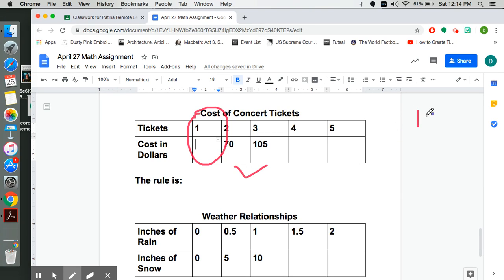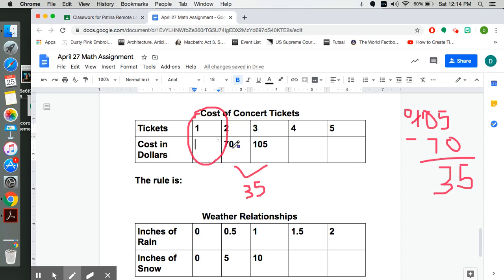So I'm going to subtract 105 minus 70. 5 minus 0 is 5. 10 minus 7 would be 3. So 35 is how I would get from there. So my rule is I have to go by 35.